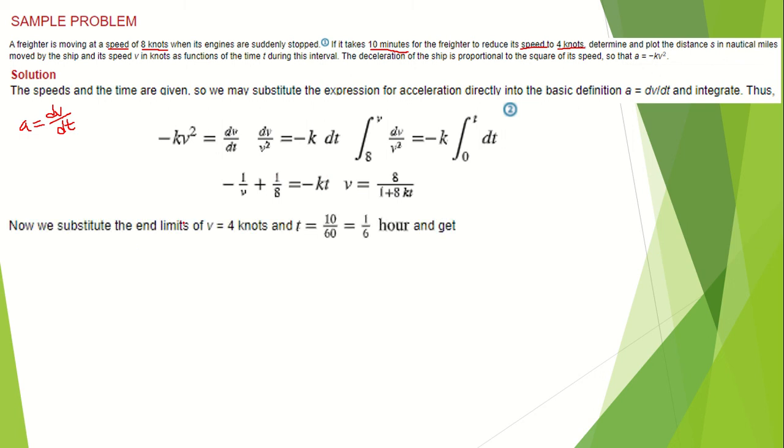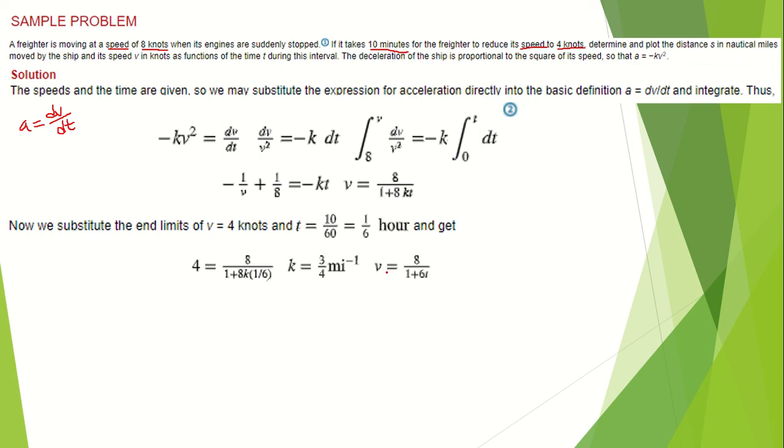Now we substitute the end limits of v equal to 4 knots and t equal to 10 over 60, equal to 1 over 6 hours, and we get this. Substituting v here, which is 4, we are able to solve for k, which is 3/4 per mile.